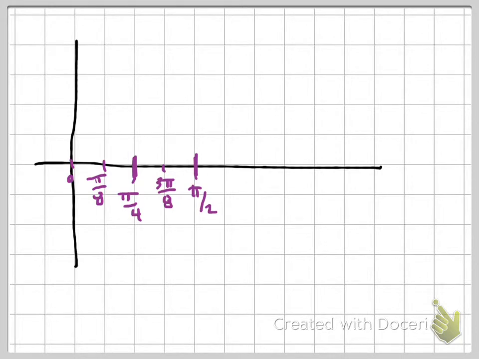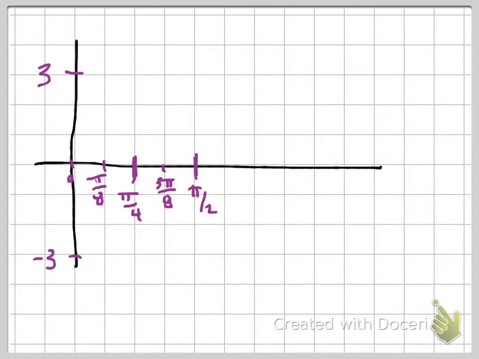So same thing as before, we place our x values on the x-axis, and we put our amplitude on the y-axis. So we have a 3 and a negative 3. And I made each block go by pi over 8. On the worksheets that you have, the axis is already predetermined for you, so you have to figure out where your dot would fall.